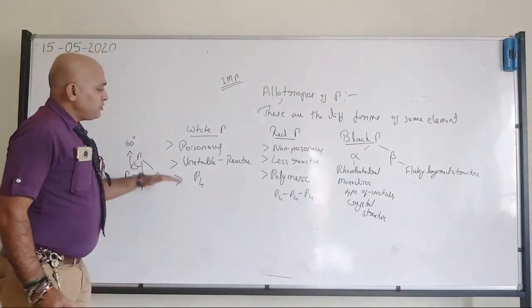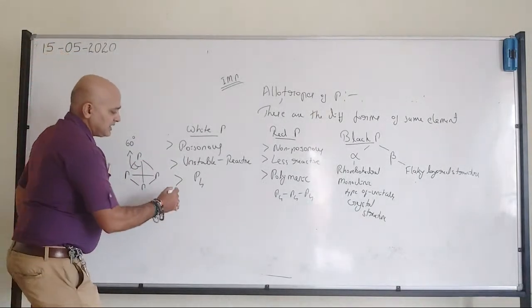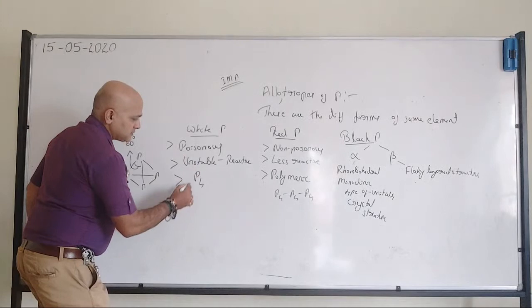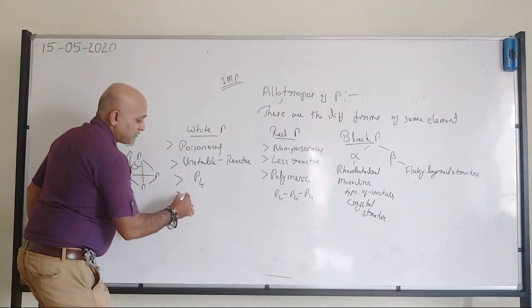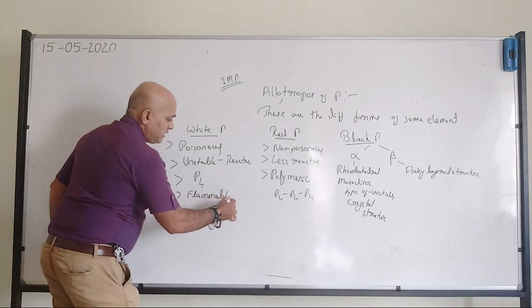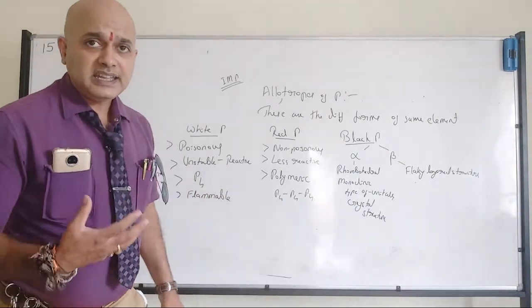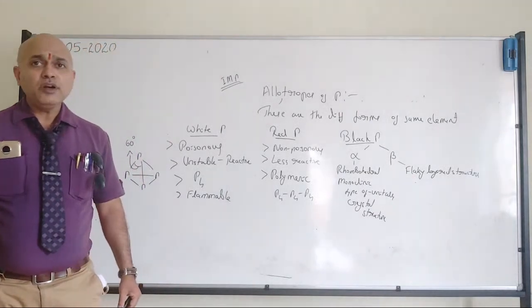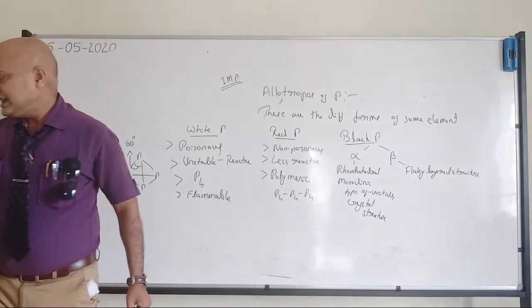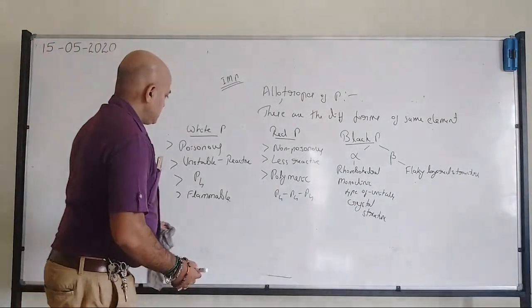Now I will come to some of the reactions. Very important point here is, in addition, white phosphorus is unstable and flammable. That means it can catch fire when it is exposed to oxygen.